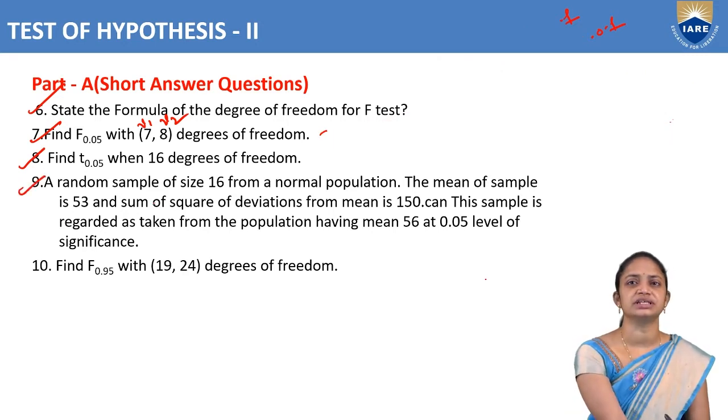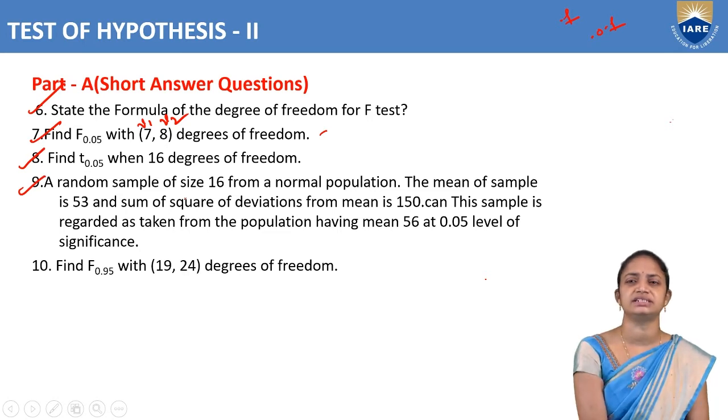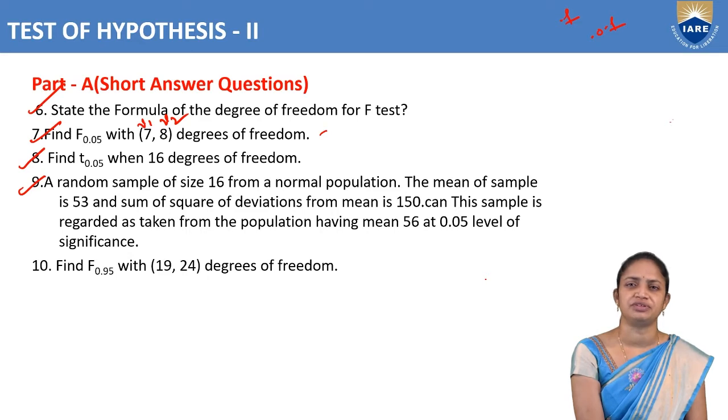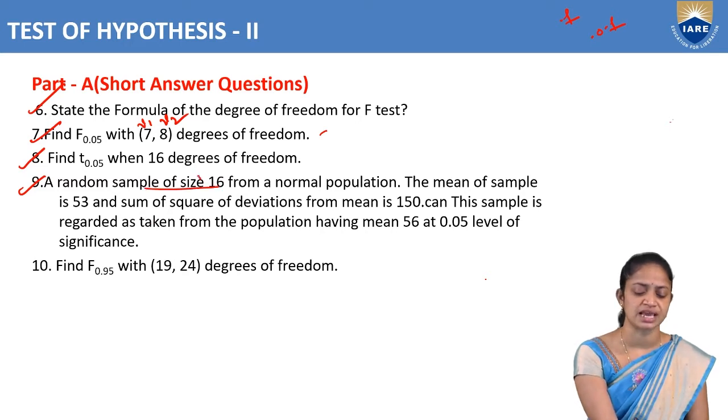So next question is, a random sample of size 16 from a normal population. The mean of the sample is 53 and the sum of squares of deviations from the mean is 150. Can this sample be regarded as taken from the population having mean 56 at 0.05 level of significance? Here they have given the sample size n in the normal population.